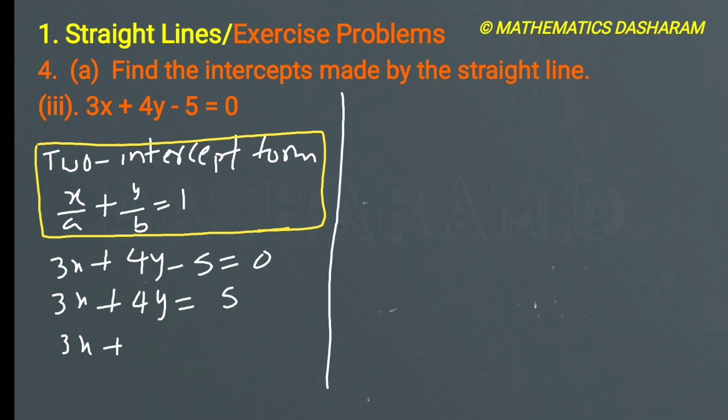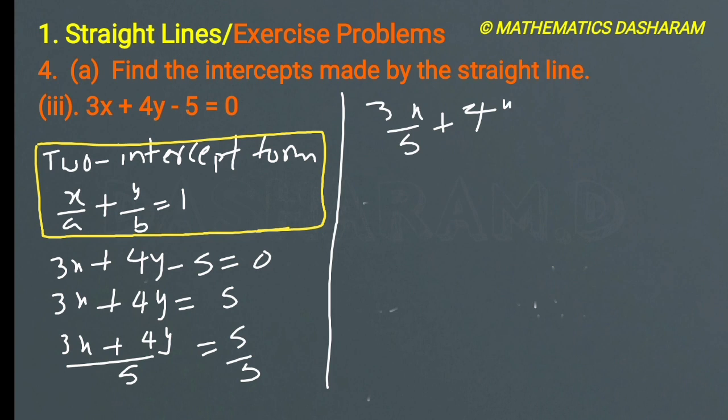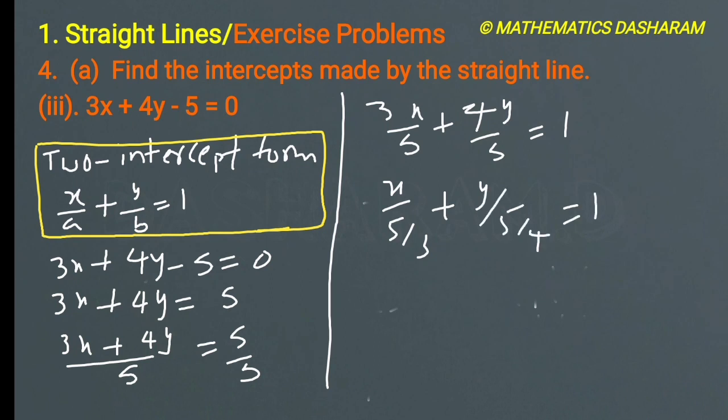Next we need the RHS as 1, so divide by 5 and here divide by 5. Next, split into two fractions: 3x by 5 plus 4y by 5 equals 1. Then x by 5 by 3 plus y by 5 by 4 equals 1. So the x-intercept is 5 by 3, the y-intercept is 5 by 4.